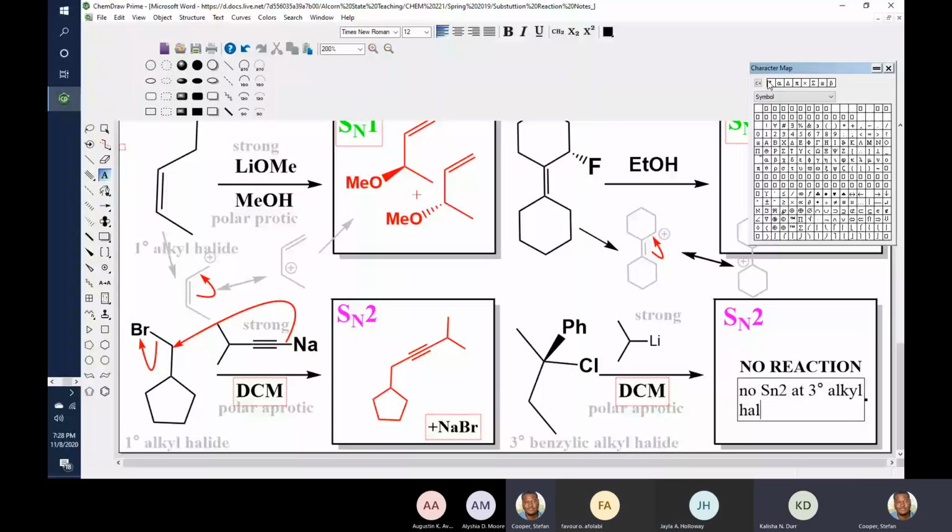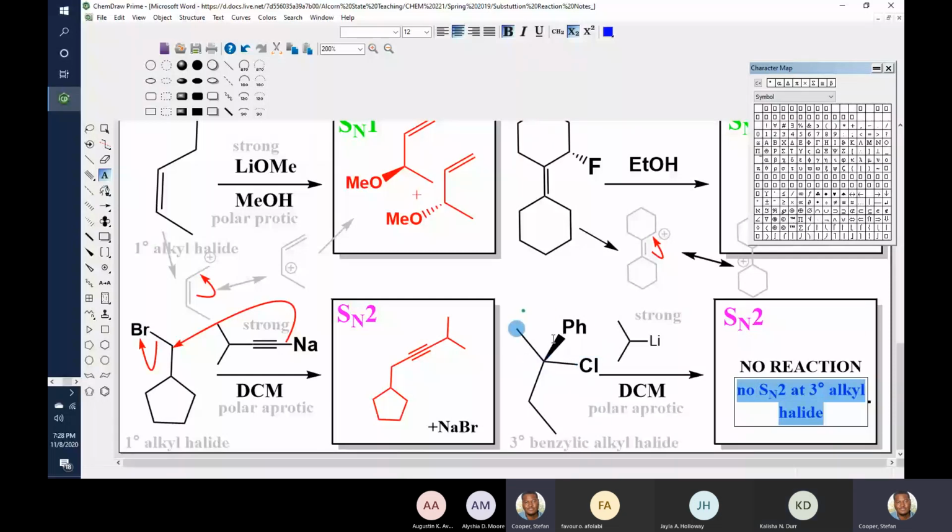It's part of the rules. The answer I'm looking for is the fact that the nucleophile can't approach. It's too sterically encumbered, right? The tertiary has three carbons. It has to come in from the back, right?